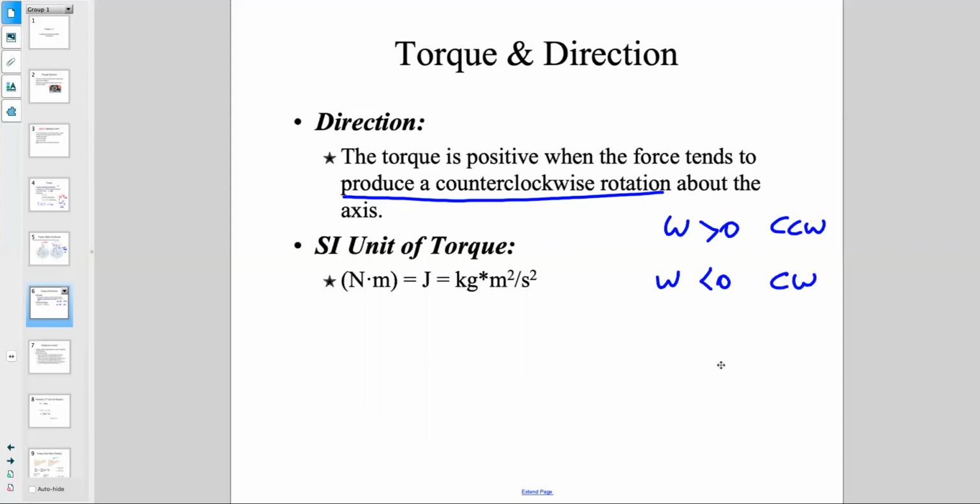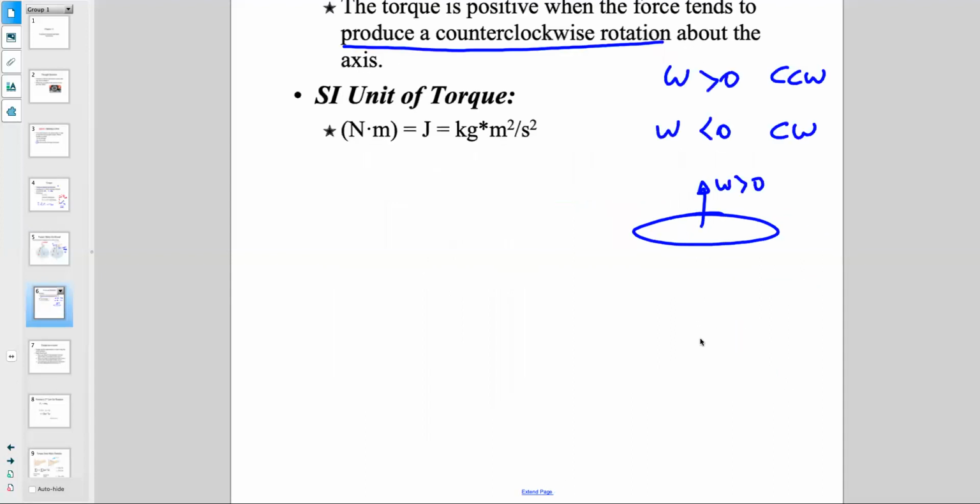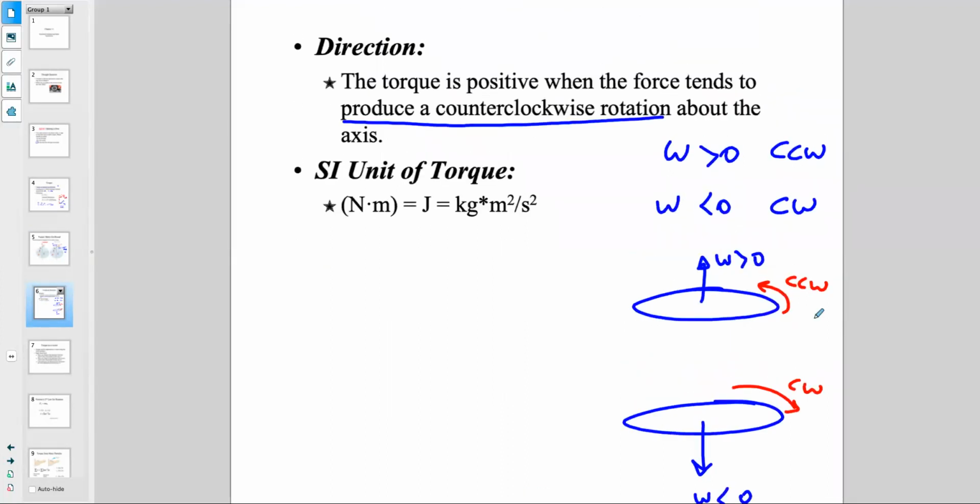If you remember, this was a positive omega, and this was a negative omega: this is counterclockwise, and this is clockwise rotation. It's the same thing for torque. If the force produces a counterclockwise rotation, we call it a positive torque.